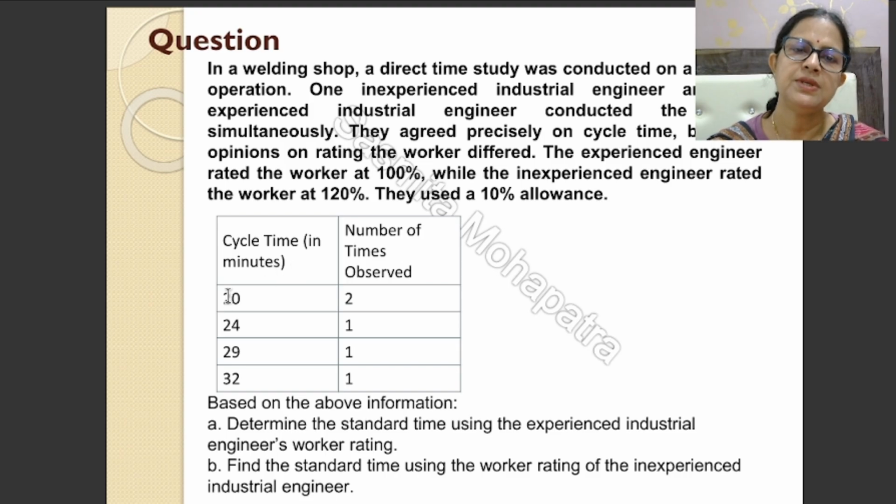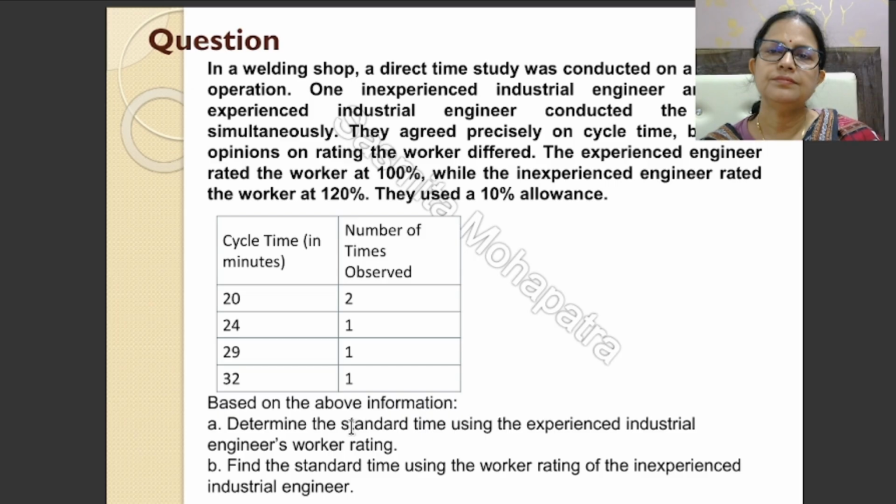Cycle time in minutes is given: 20, 24, 29 and 32 minutes for the welding operation.